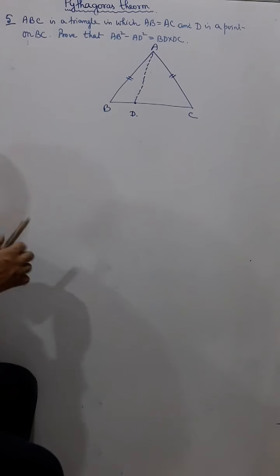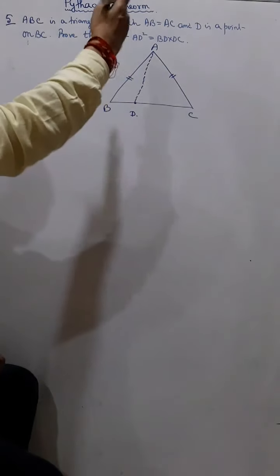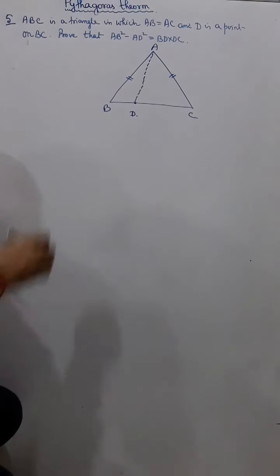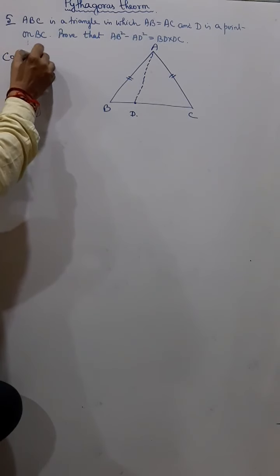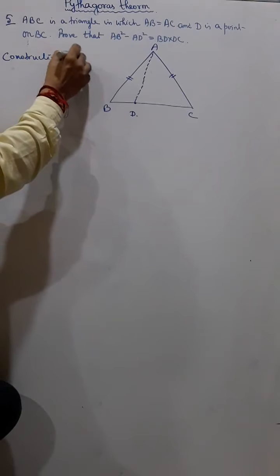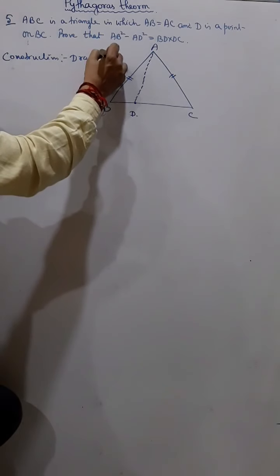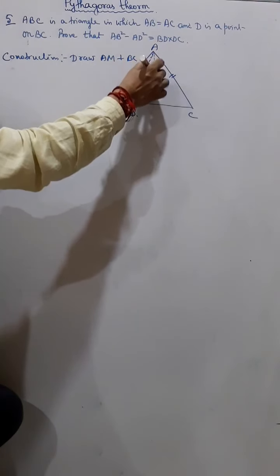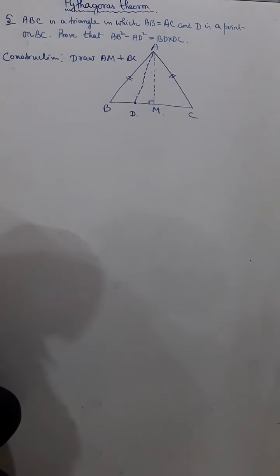Now before that, first of all we have to draw a construction here, because we can't use Pythagoras theorem unless there is a right angle triangle, and you can understand this is an isosceles triangle. So first let's do the construction. Say draw AM perpendicular to BC.